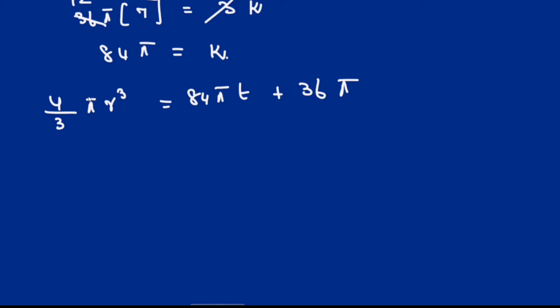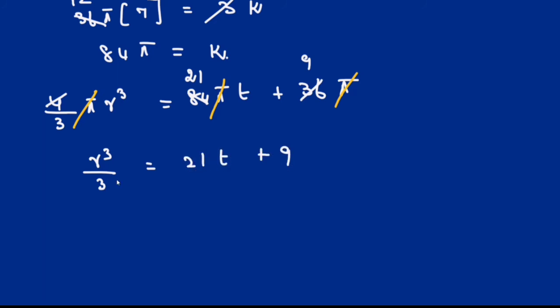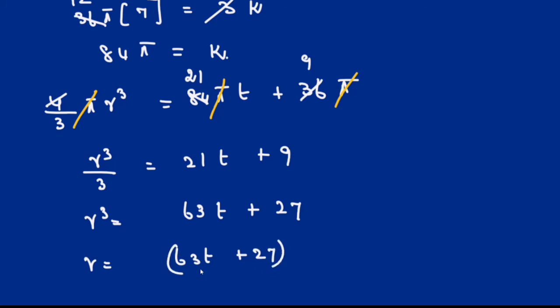Cancel that pi, every term by 4, so r cube by 3 is 21t plus 9. So radius is asked, right? So r cube is equal to 63, so r is equal to that whole power 1 by 3.